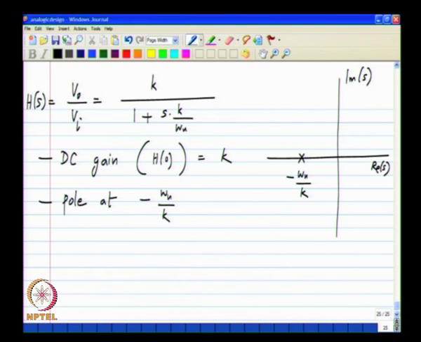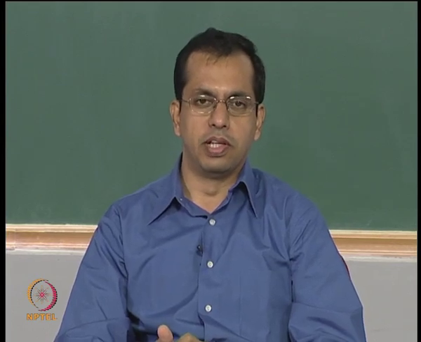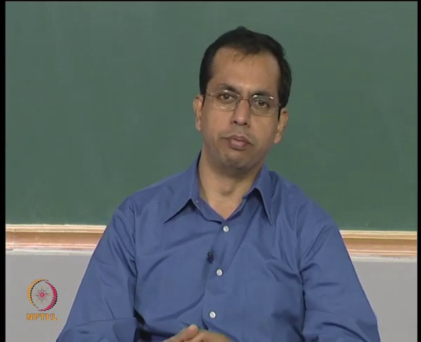Of course, we know that for stable systems the poles have to be in the left half plane, and in this case the pole is in the left half plane. So, that means that this is stable. We already knew that it was stable from the time domain solution to the step input, because the exponential had a negative argument and the exponential would always die down. So, this means that the system was stable and it is again confirmed by our analysis in the frequency domain.